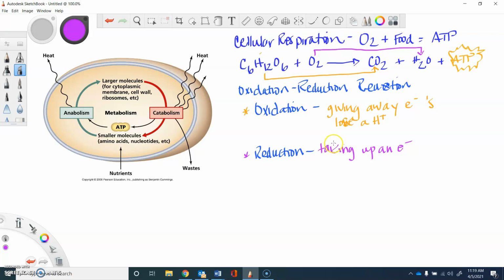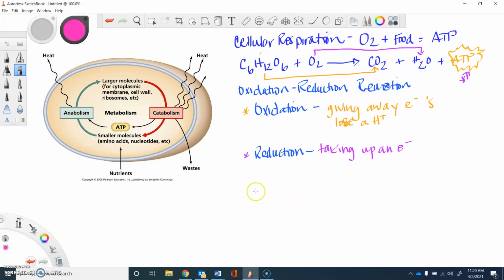This is what we're going to be talking about in cellular respiration, how we get ATP so that the cells can do stuff. Okay? Cellular respiration occurs in two places that we're going to look at. So I just want to remind you really quickly of where we're going to be.